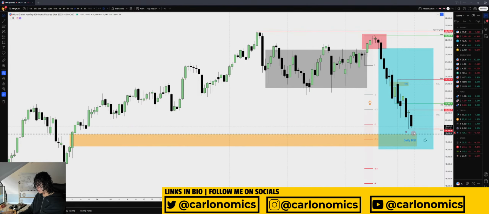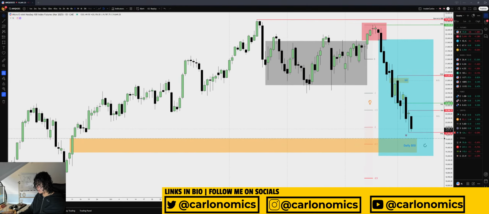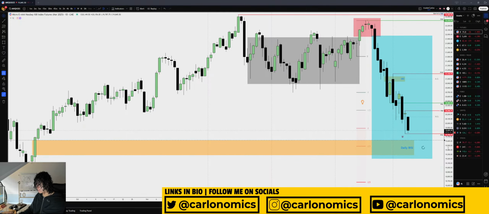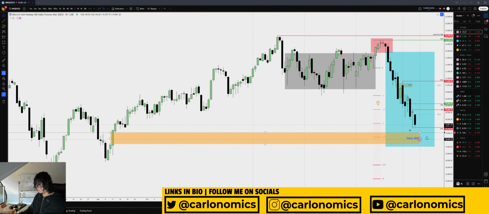If we're likely to take out previous week low, my next draw would be our daily imbalance below. If we close below with bodies of candles underneath this daily imbalance, what's my next draw? My next draw is -4 standard deviation and this swing low.